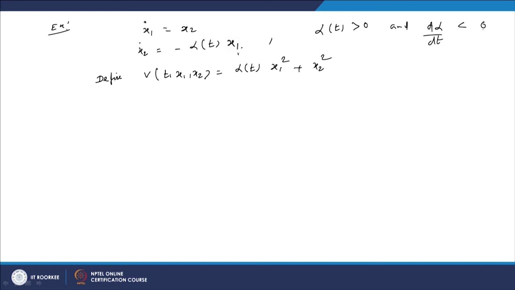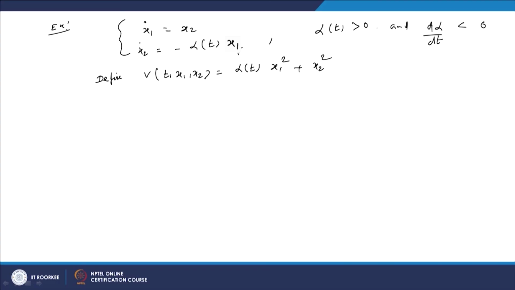Under these two conditions, because this type of system occurs in practical situations, this is nothing but the harmonic oscillator in the physical situation. If you write it as a second order differential equation, this equation is nothing but the harmonic oscillator. So, it is a practical problem in which this alpha should satisfy these conditions.